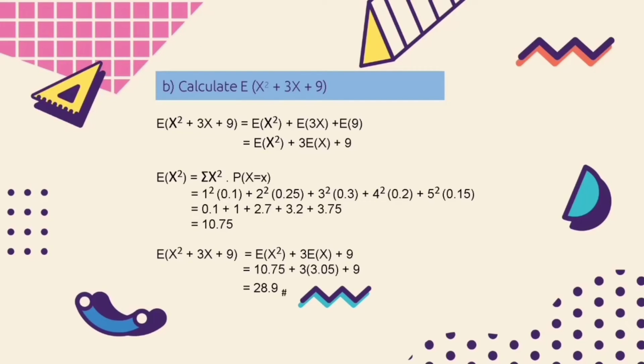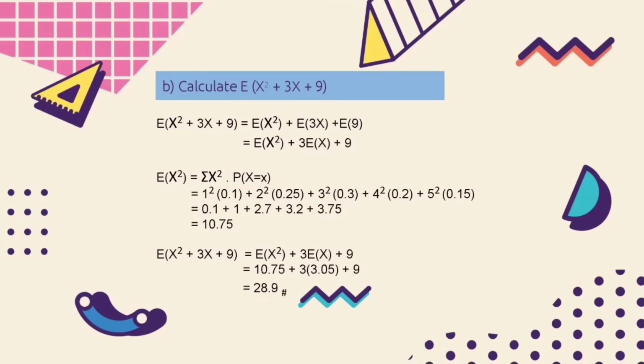Next, for B, calculate the E of X squared plus 3X plus 9. For this question, we must simplify it and we get E(X squared) plus 3E(X) plus 9. In order to get E(X squared), we must use E(X squared) equal to the summation of x squared multiplied by probability.